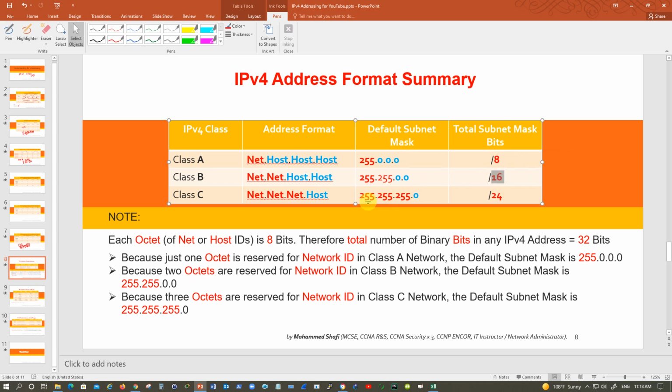So do not get confused with /24, /16 and so on. This clearly indicates the number of ones inside a subnet mask, how many ones you have, and all those ones will be written in one sequence without any break.